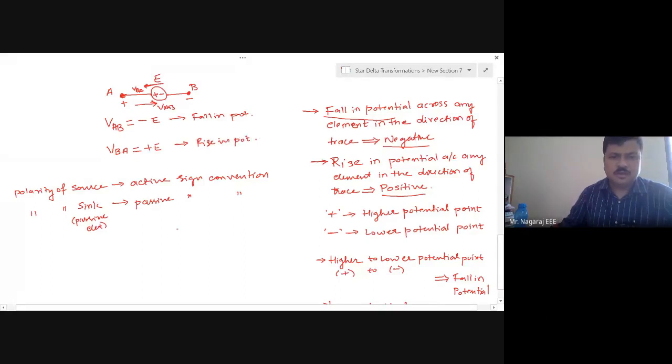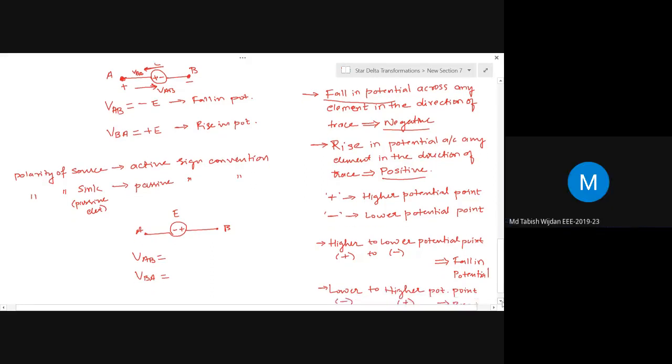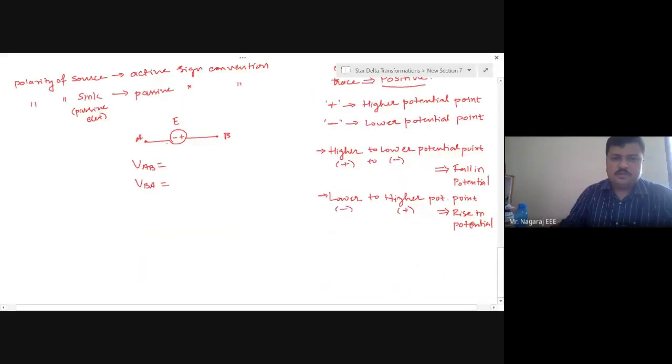Now similarly, if I have the same source A and B with E volts with this sign convention, what is VAB and VBA? Now B is at positive, A is at negative.